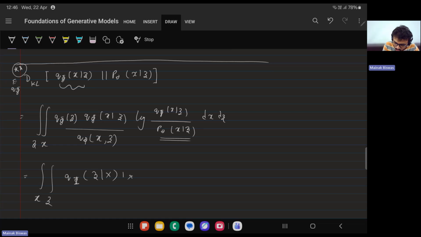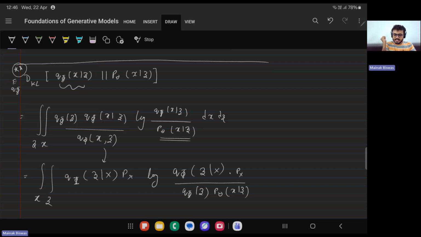Again, just using Bayes rule, I recalibrate it into this form. And the inner term, again using Bayes rule, I can write as q phi of z given x into p of x over q phi of z. Very nice. And p theta of x given z.